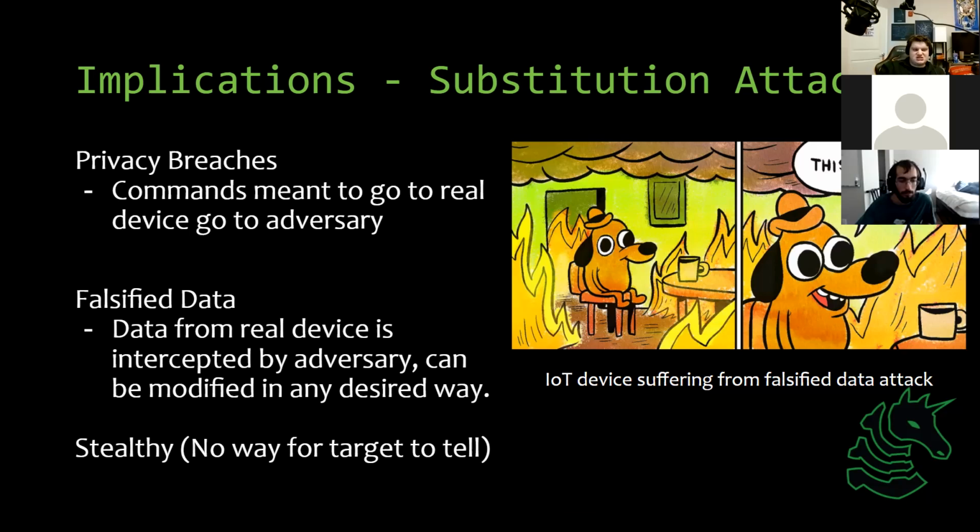So privacy breaches: any commands meant to go to the actual device can go to the adversary. Say you have smart lights, and I like smart lights, so I'm going to use them as an example. You have a phantom device, and that phantom device receives a command to set it to party mode, right?